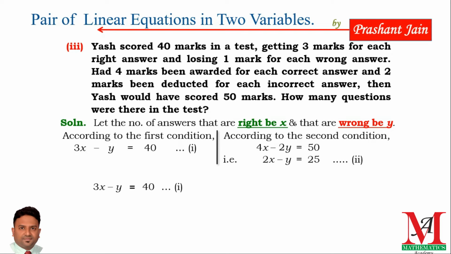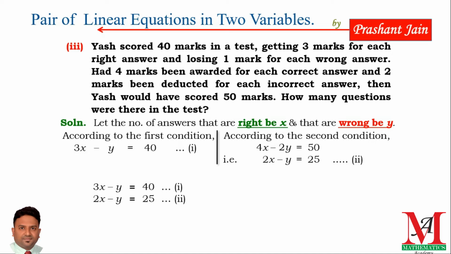Now I am using the elimination method here, writing both equations together. As we see, the coefficient of y is the same and the sign is also the same, so we need to change the sign of the second equation by subtracting equation 2 from 1.